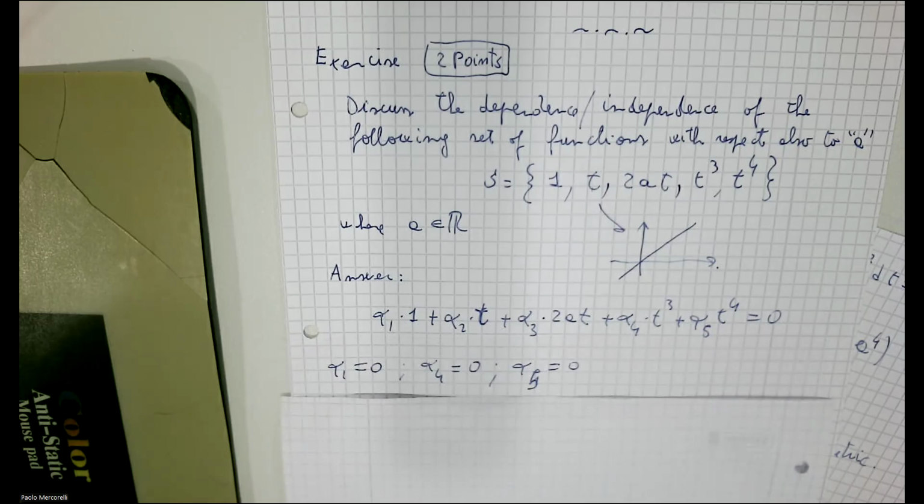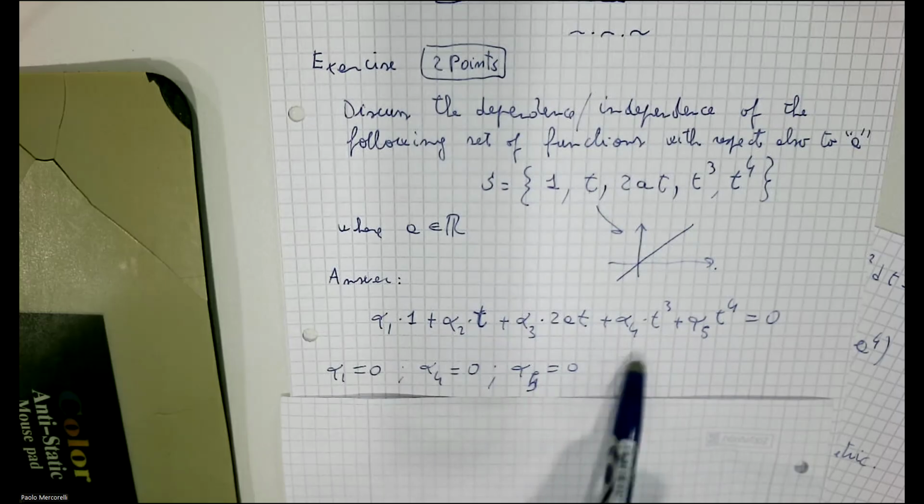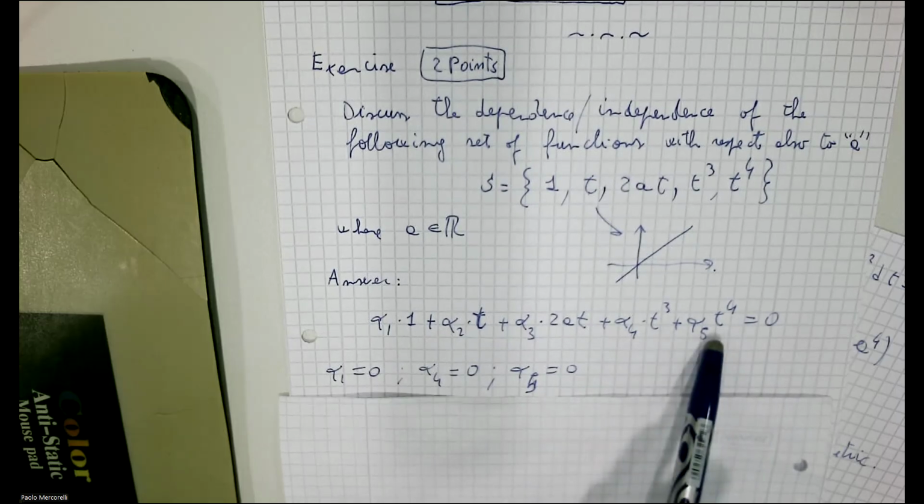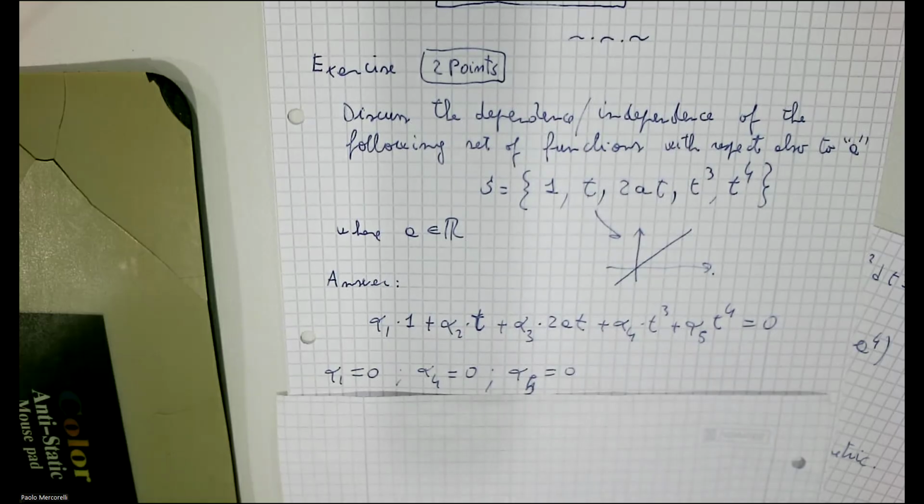Look, directly looking at this expression, I can say that alpha 1, alpha 4, and alpha 5 equal 0. Think 10 seconds. It's easy because here I cannot find any possible combination for the constant, for t up to 3, and for t up to 4, which I can find something which generates 0.